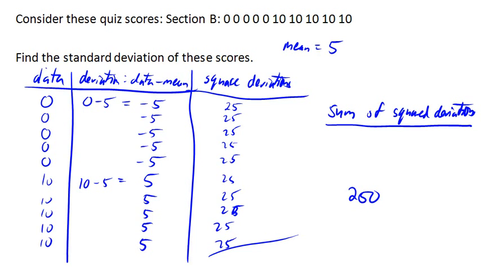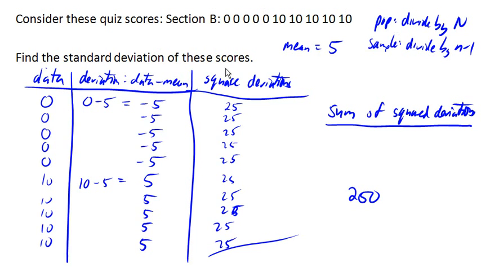So if it's the population, then we divide by n, the number of data. If it's the sample, then we divide by n minus 1, 1 less than the total number of data. In this case, this is representing the entire section's scores, and so we're going to divide by n.